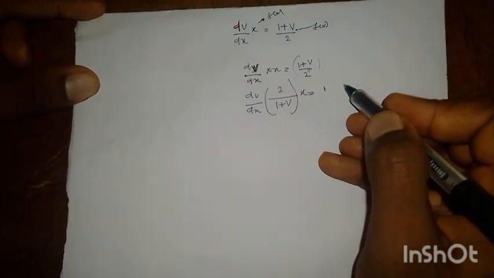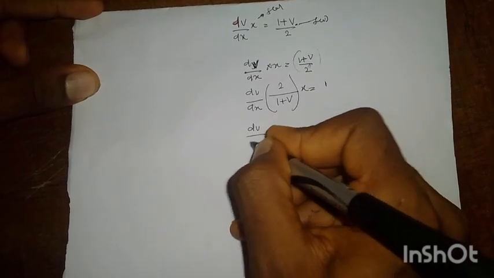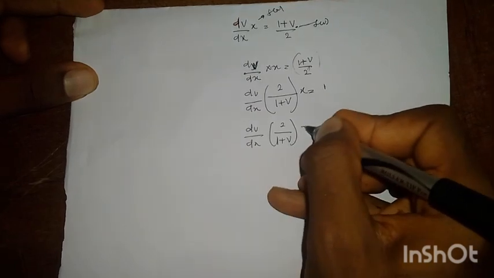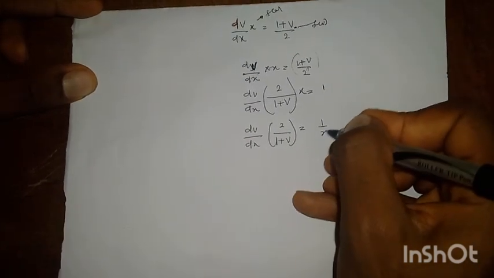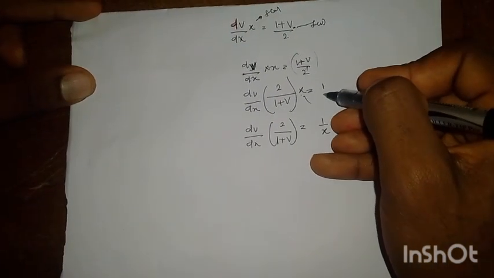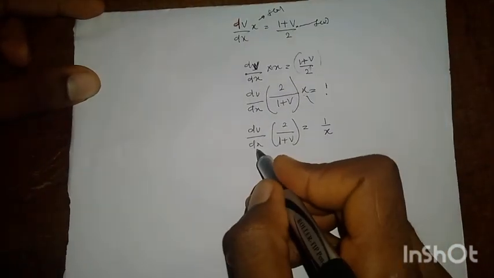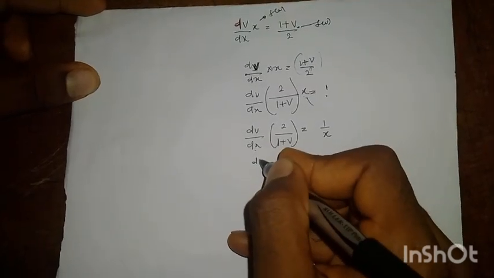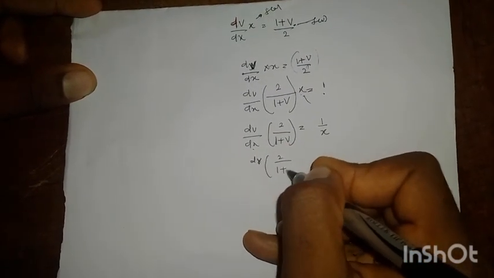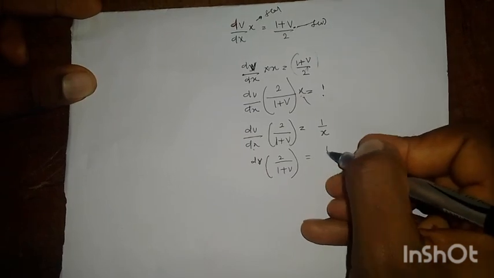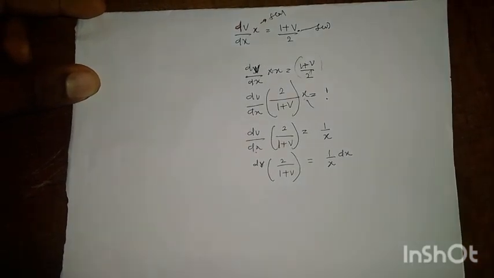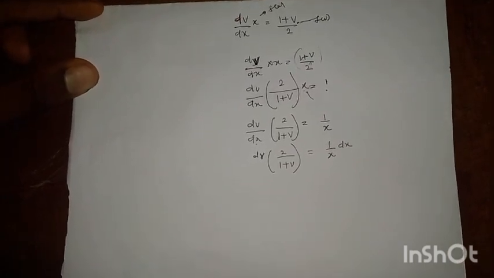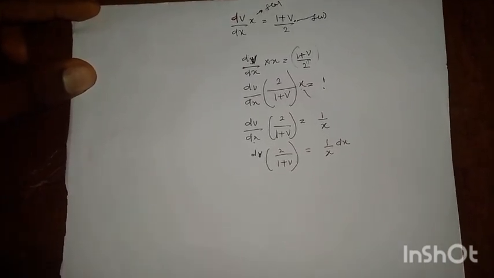Taking x to the other side is just multiplying by 1 over x. Right, so I have successfully separated the functions of v and the functions of x.